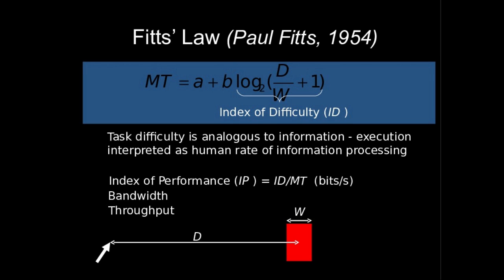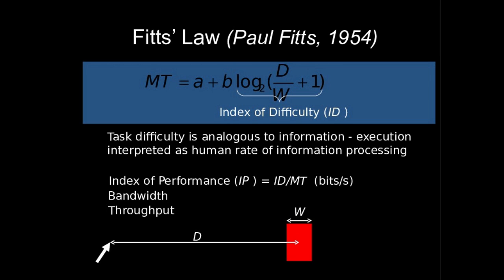There was a psychologist called Paul Fitts in the 1950s. He looked at this reaching task and modeled it in an equation relating D and W. This equation, which is shown in the slide, is known as Fitts law.